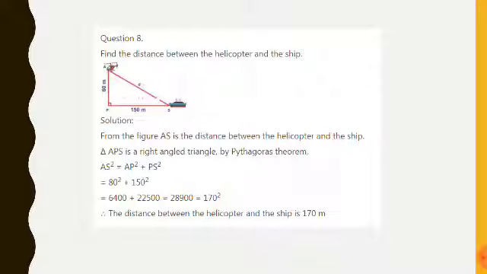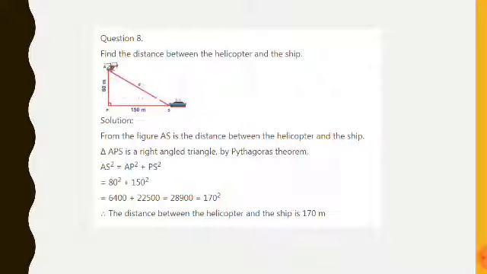Do you understand? Okay. From the figure, AS is the distance between the helicopter and the ship. So AP is 80 meters and the other side is 150 meters, that is PS. So triangle APS is a right angle triangle, by Pythagoras theorem AS square is equal to AP square plus PS square.